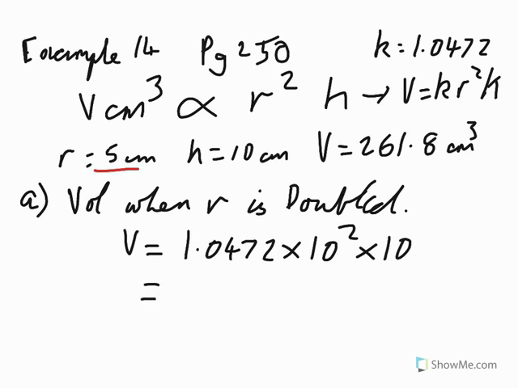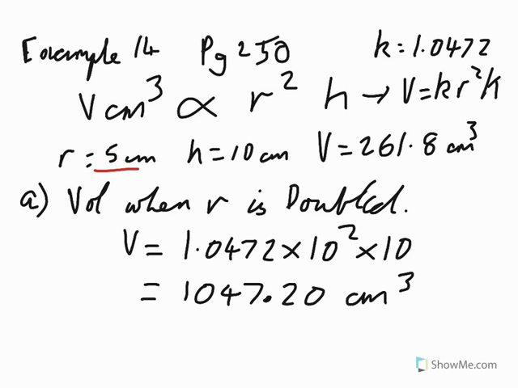So we get our calculators out, and then we do our calculation. 1047.20 centimetres cubed. And it did say they're correct to 2 decimal places, is what I should have said there.